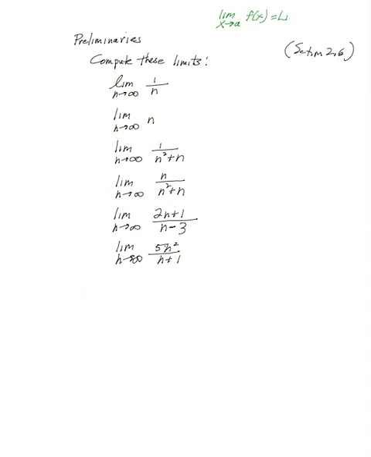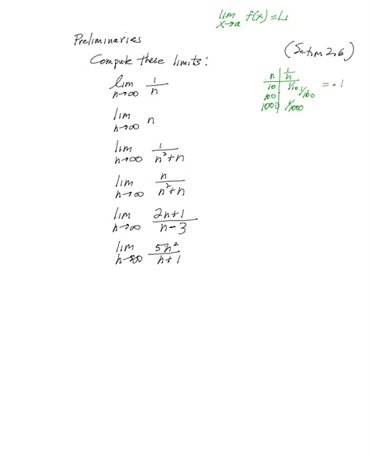Okay? Let's use our common sense. When n gets bigger and bigger and bigger, what's happening to 1 over n? Let's make a table of n and 1 over n. 10, 100, 1,000. 1 over n is 1/10, 1/100th, 1/1,000th.